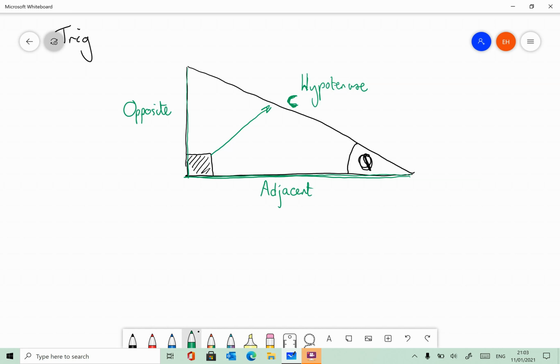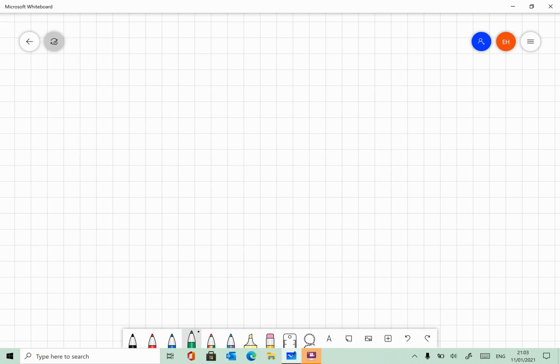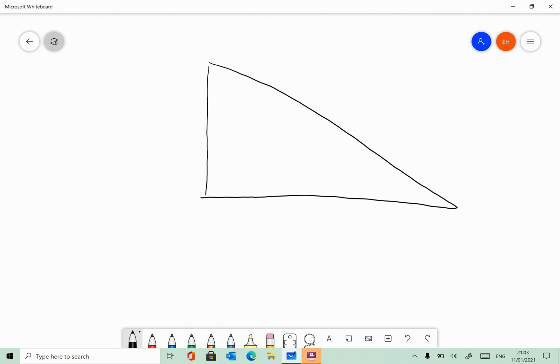Okay. Now, these two here, the opposite and the adjacent, they depend on where theta is. So let's draw pretty much the same triangle. That's our right angle, so we immediately know that our hypotenuse is over here. And let's say we're talking about this angle up here this time. So let's call him theta. So the angle we're talking about is theta.